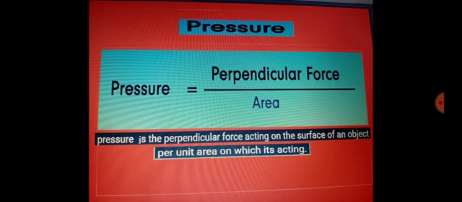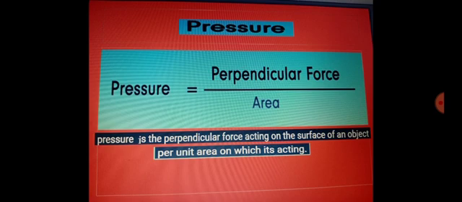So on unit area, how much force is applied? That is the pressure. So more force means more pressure, and also less area means more pressure. So pressure and force are directly proportional.